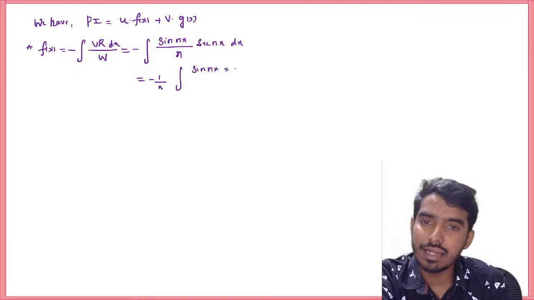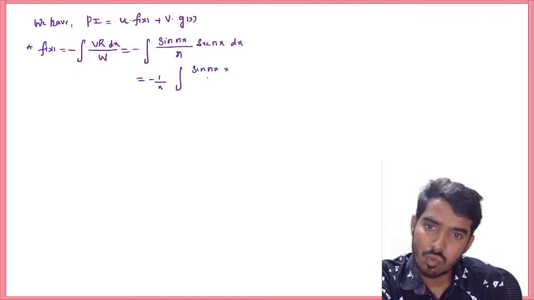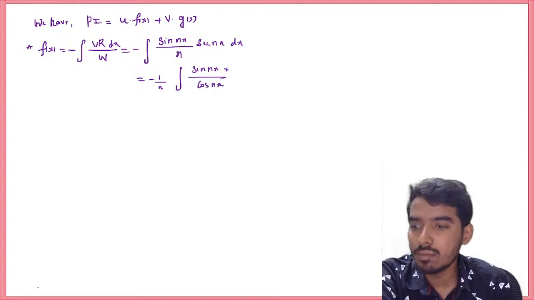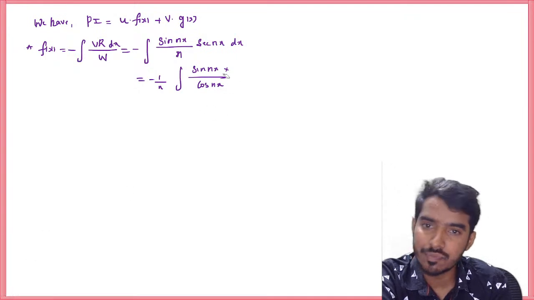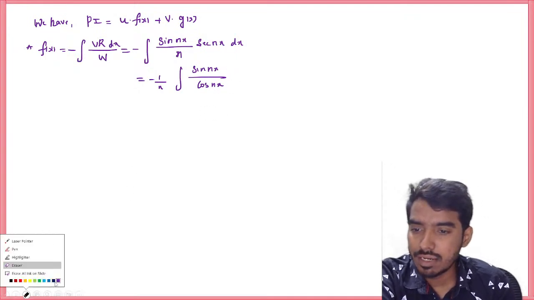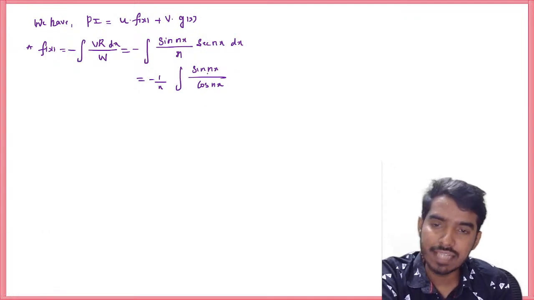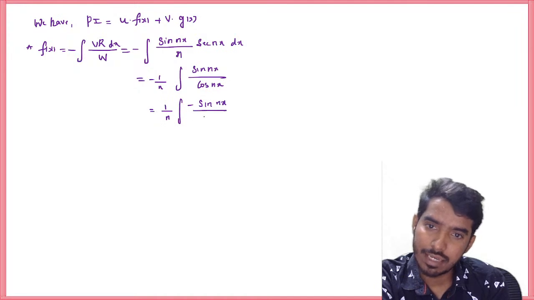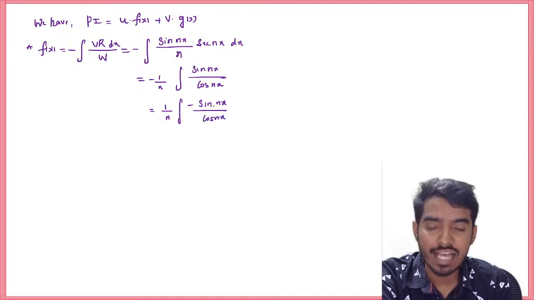I can write secant nx as 1 by cos nx. So I can write this as 1 by n integration of minus sin nx by cos nx, which is of the form f dash of x by f of x.